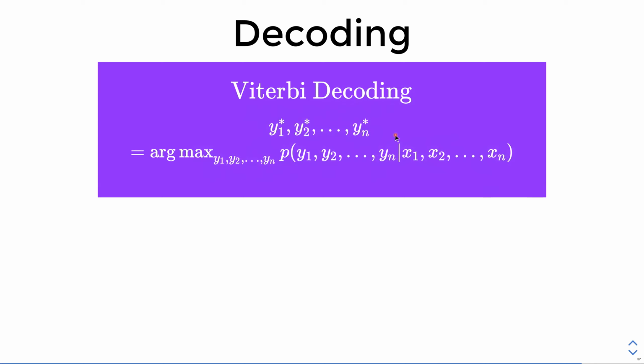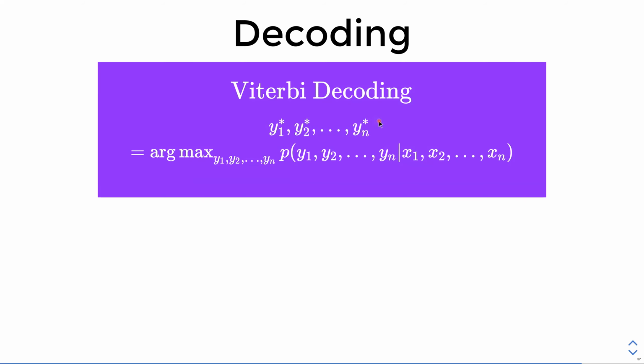The property of the Viterbi decoding procedure is that we have to jointly make a decision. We have to figure out the globally optimal Y sequence. So it's a global decision.